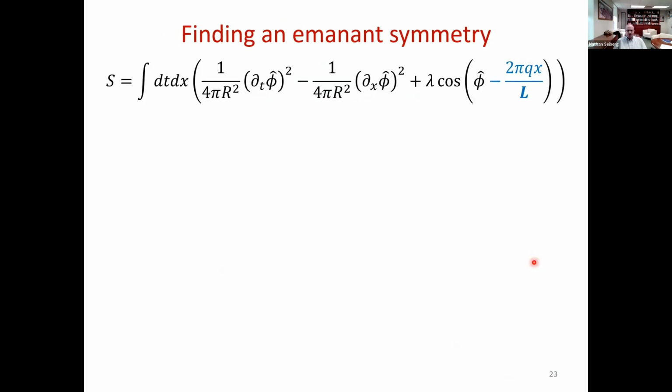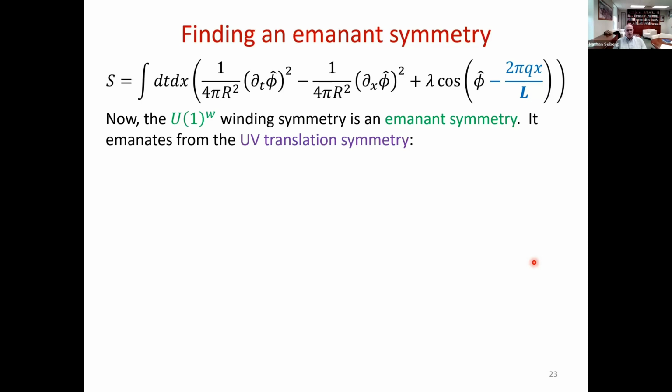This is actually quite surprising, because what happens now is that the winding symmetry is an emanant symmetry. It emanates from UV translation symmetry. See, this problem has two different notions of translation. The UV person says that translation shifts x and does not touch the field phi tilde.